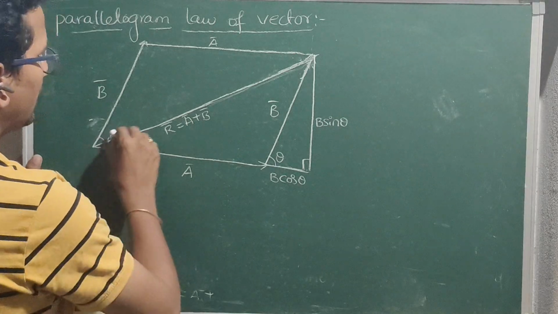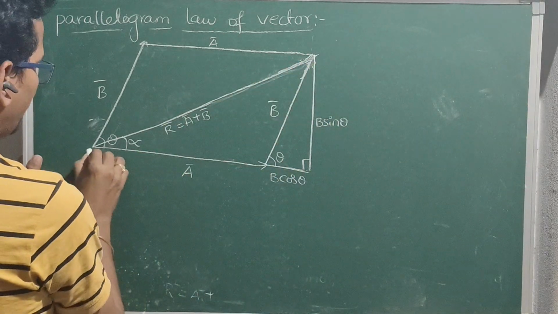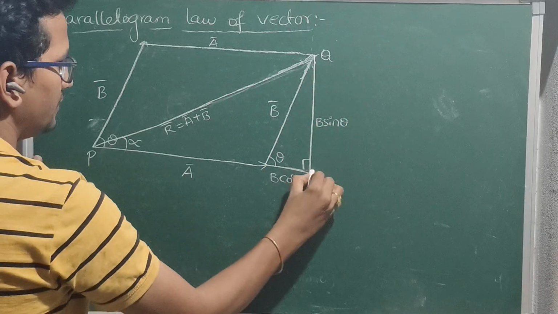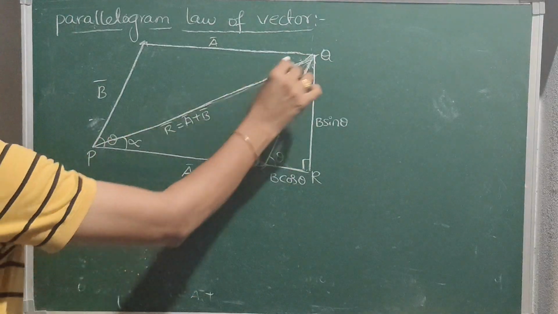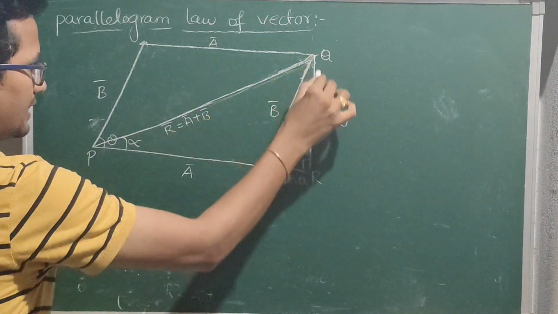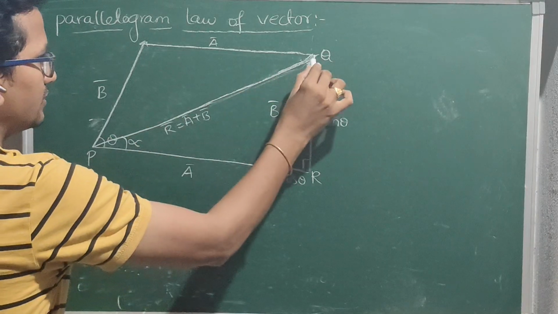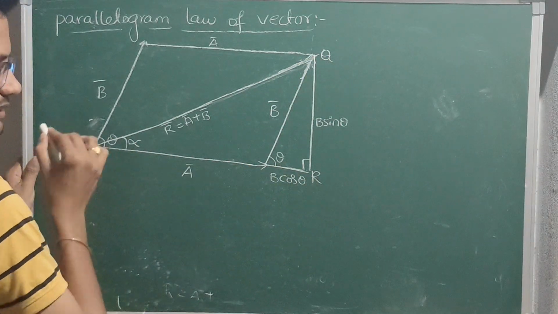From this, it looks like a right angle triangle, for example P, Q and R. What is the hypotenuse here? According to the Pythagoras theorem, hypotenuse square is equal to side square plus side square.